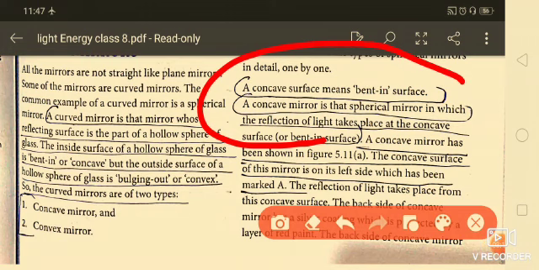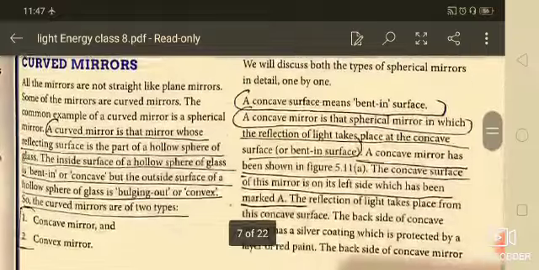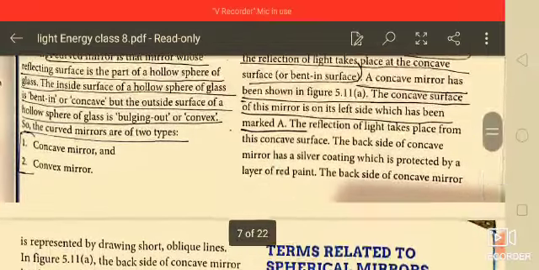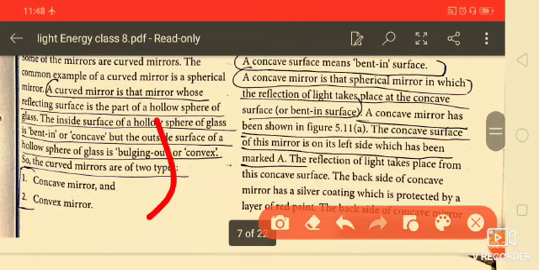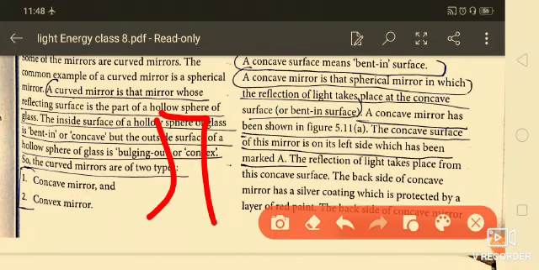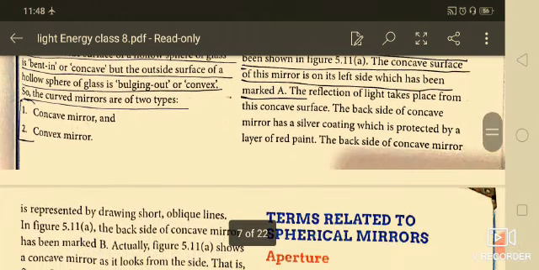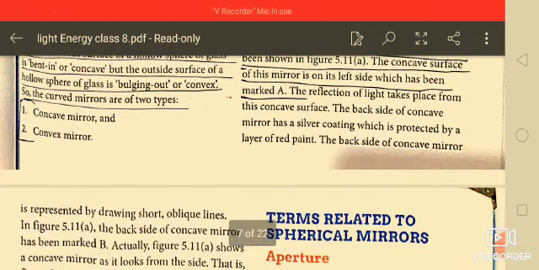And here a concave mirror has been shown in figure 5.11. I have already showed you about this concave. The concave surface of the mirror is on its left side, which has been marked A. The reflection of light takes place from the concave surface.